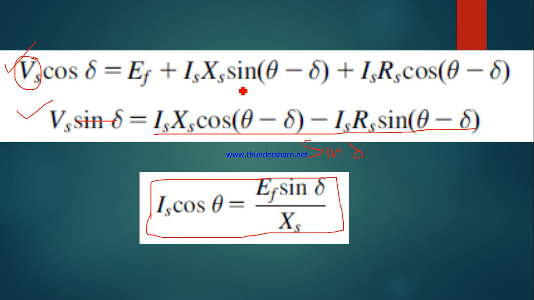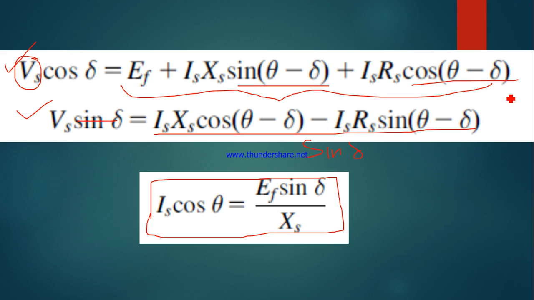You have to expand. Sine theta minus delta means sine theta cos delta minus cos theta sine delta, and cos theta minus delta is cos theta cos delta plus sine theta sine delta. And if you multiply the bottom side sine delta, it will be multiplied with all the right hand side terms. So if you take that Is cos theta common, there will be a term in between, sine square delta plus cos square delta, which is basically 1.